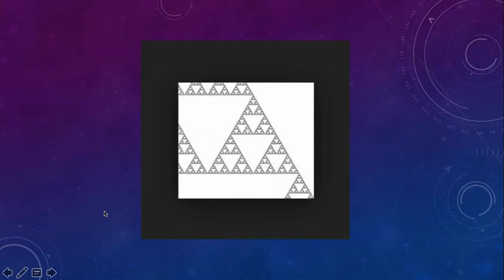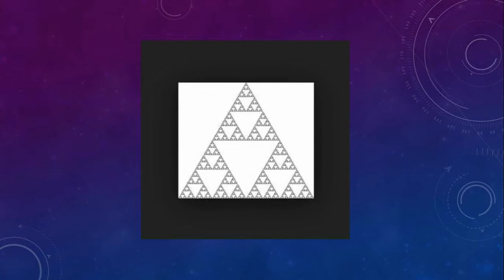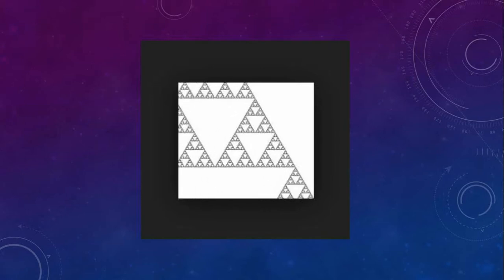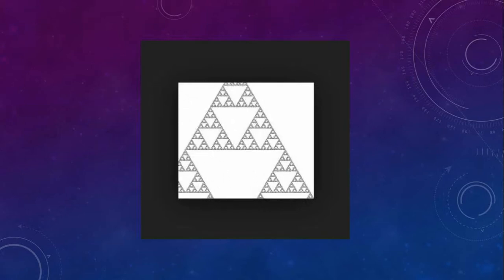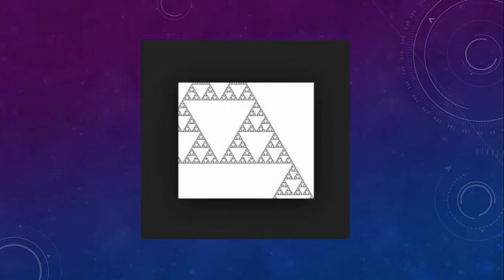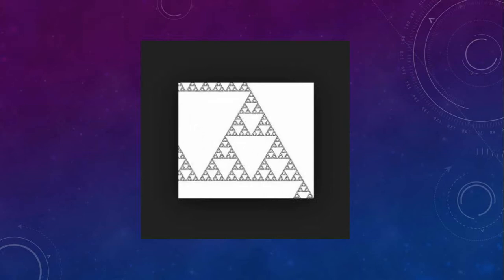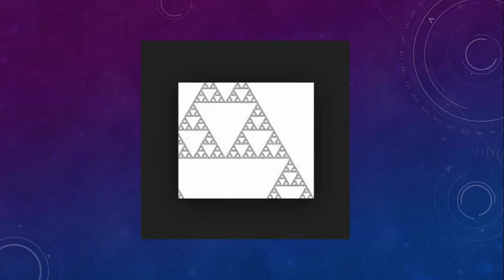In other words, a pattern is repeated on top of itself in such a way that the same image appears no matter where you look at it. This video zooms in to a fractal so that you can see the same triangular pattern repeated at any magnification.